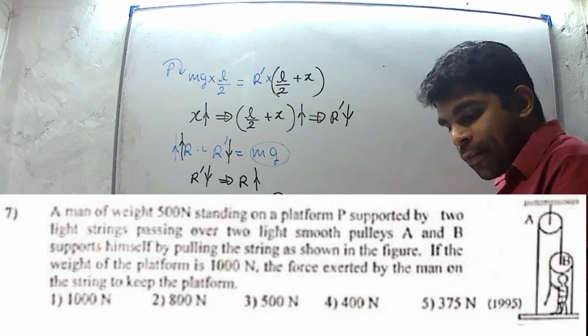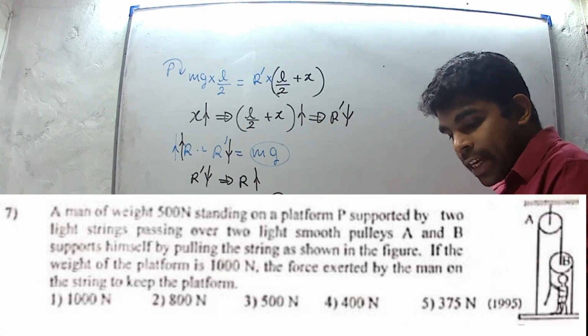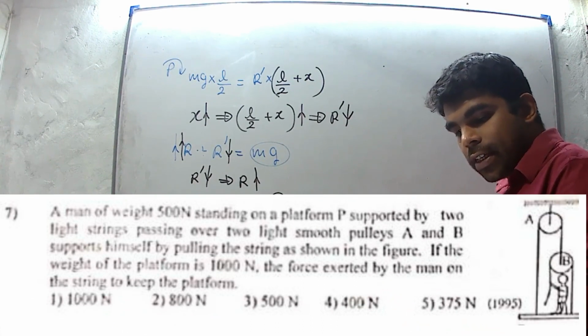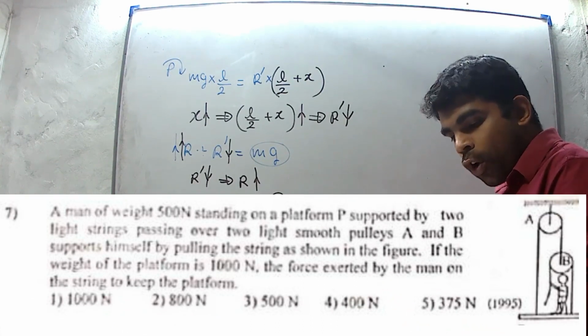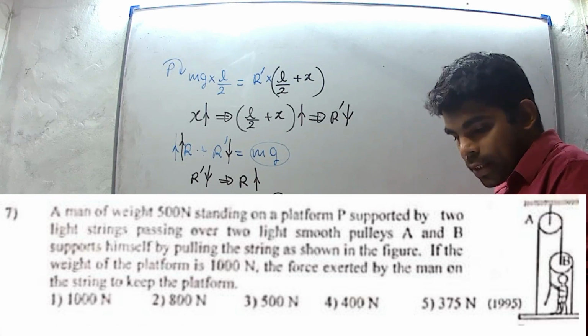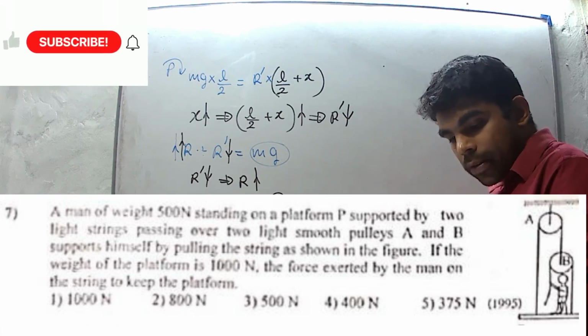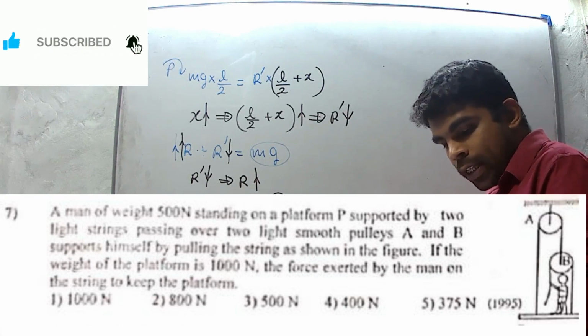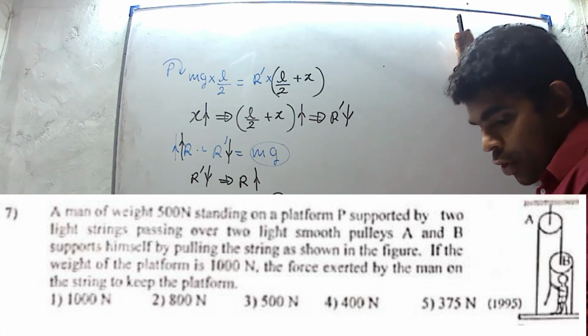A man of weight 500 Newton standing on a platform P supported by 2 light strings passing over 2 light smooth pulleys A and B, supports himself by pulling the string as shown in the figure.